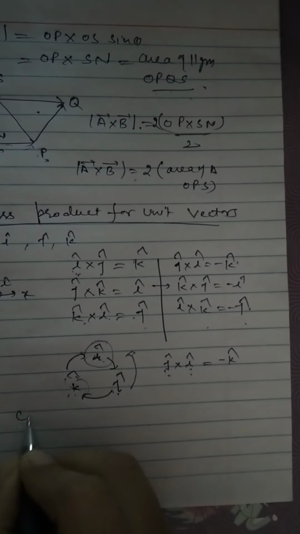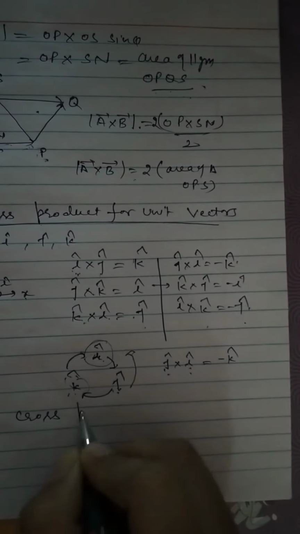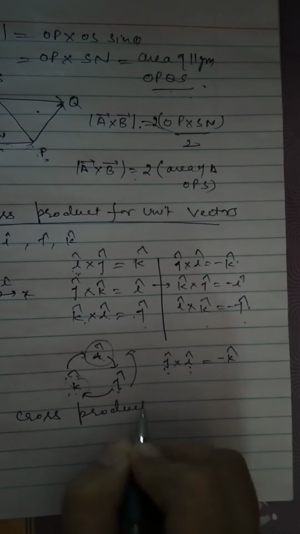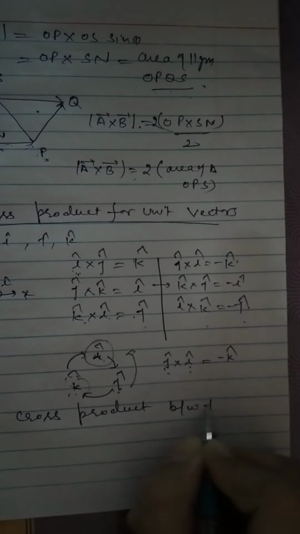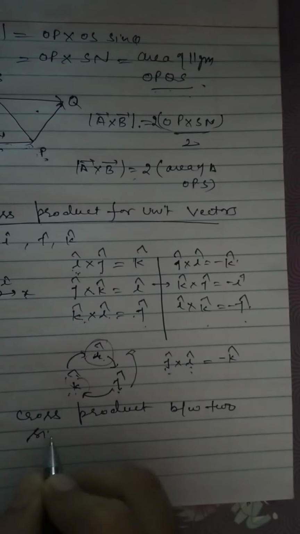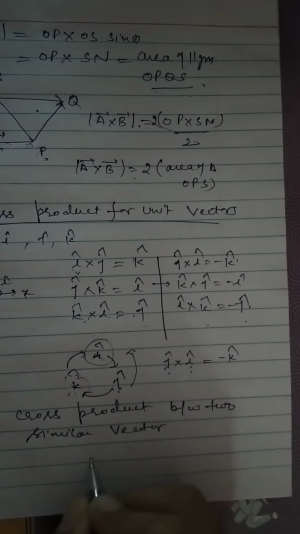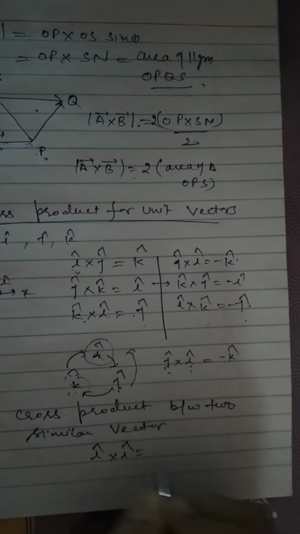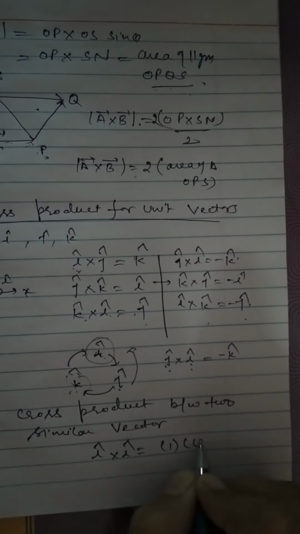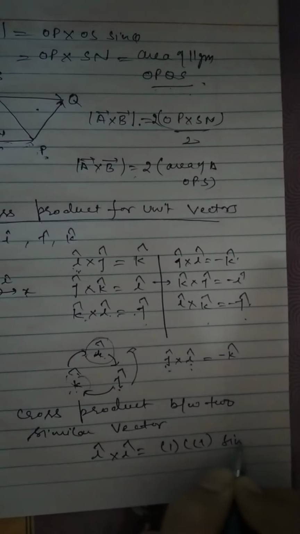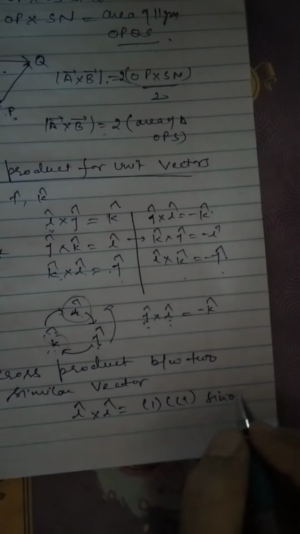What is the cross product between two similar vectors? अगर हम similar vector यानी I cap cross I cap लिखें, its magnitude is 1 into 1, और what is the angle between them? Sin 0, right? तो ये आपके पास कितना हो जाएगा?